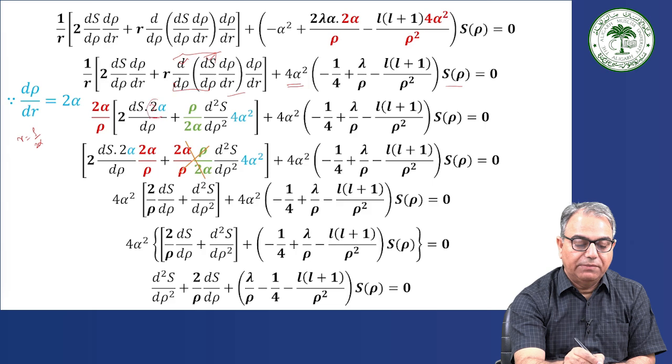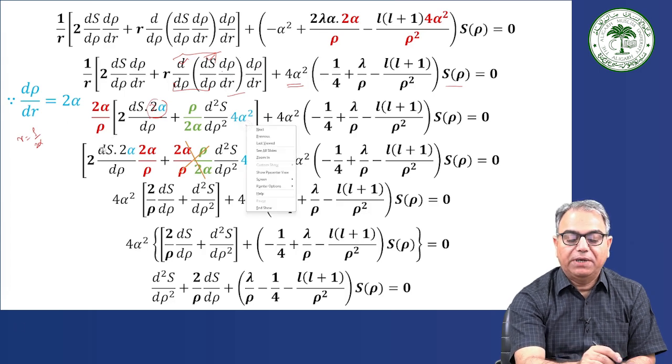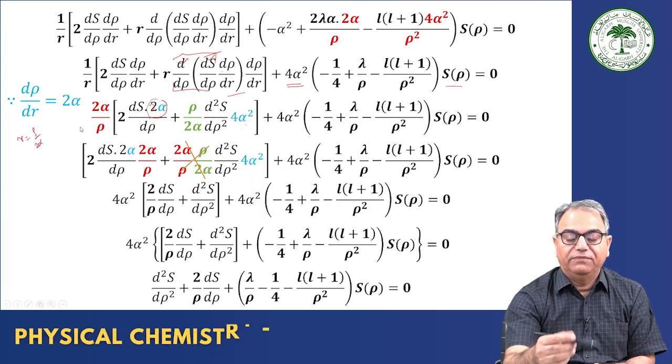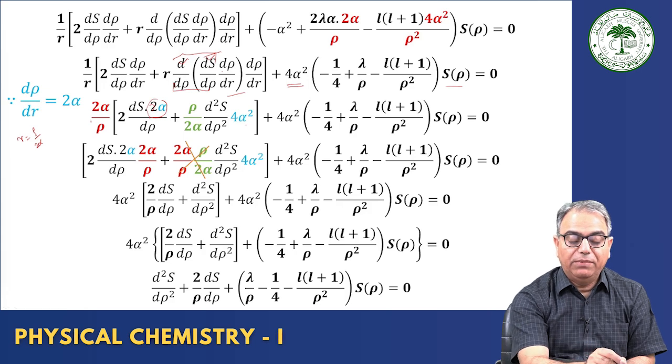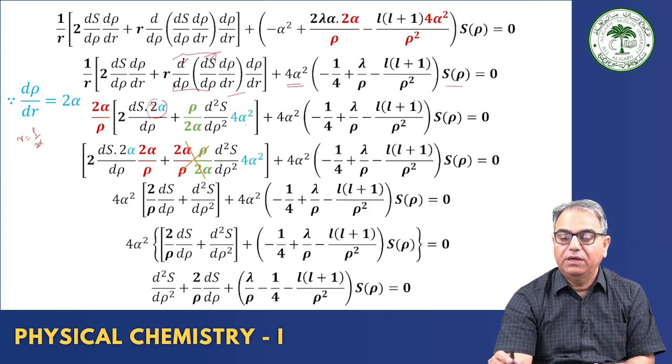So, this is d rho divided by dr. Then d square s by d rho square, fine, and d rho divided by dr is multiplied by this d rho divided by dr. So, you have 2 alpha and 2 alpha multiplied by 4 alpha square. Okay. So, this part is now fine with the previous equation, and if you multiply by 2 alpha by rho within this bracket, this part remains the same, 4 alpha square. The second part of the equation has no change.